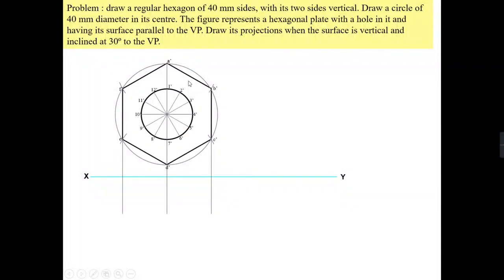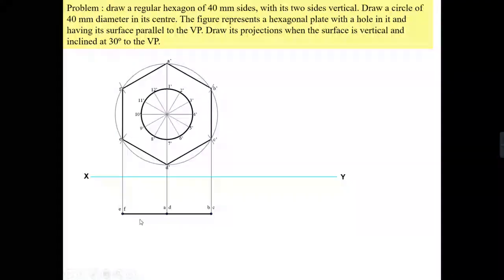So I am naming these points like 1 dash, 2 dash, 3 dash, up to 12 dash, and the hexagon I am naming like A, B, C, D. Okay, so there will be no confusion. Then I will draw the straight line. The position of the hexagon or circle is not given, means I can take anywhere I want.